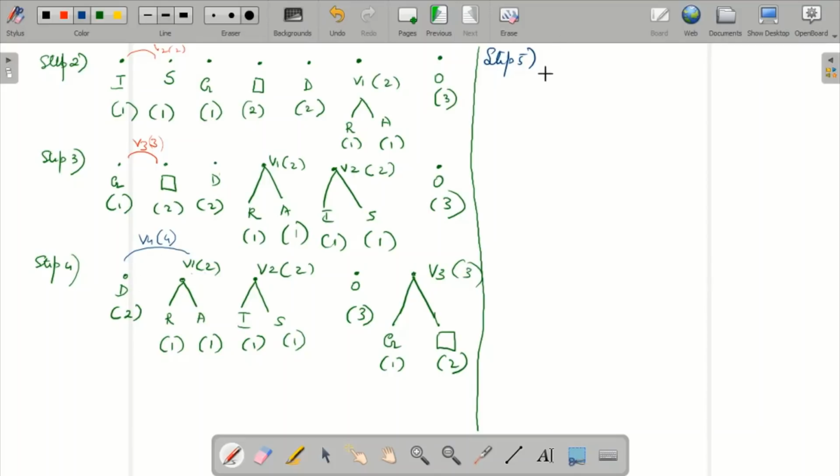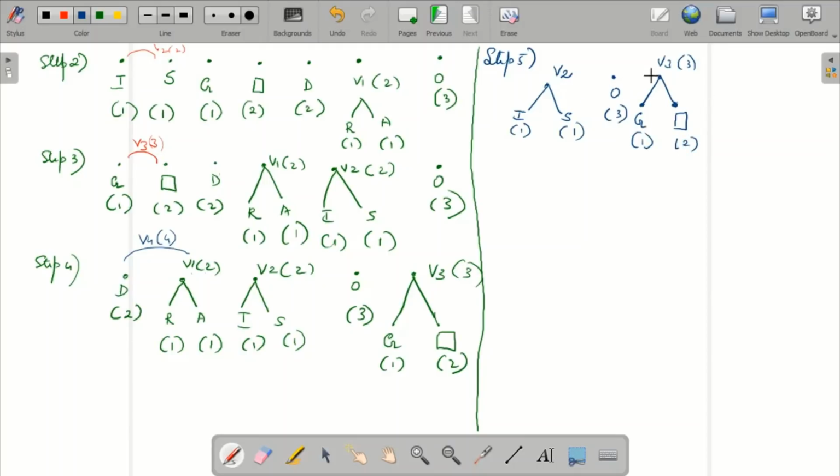So here in step 5 I'll write V2 as it is. For V2 I had branch I and S. For I the weight was 1, for S the weight was 1, so I wrote V2. After that, at the same level you write O, whose weight is 3. After that, at the same level you write V3, whose weight is 3, and branch was G and space, and the weight was 1 and 2.